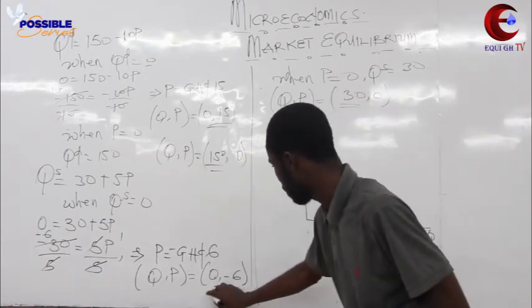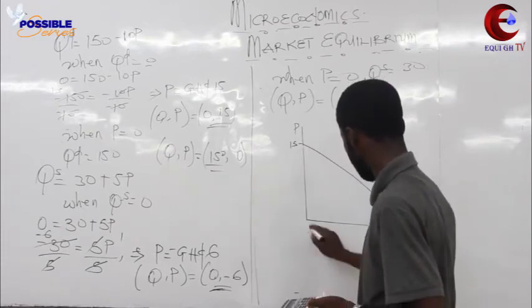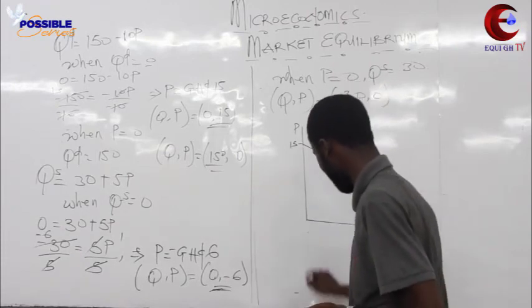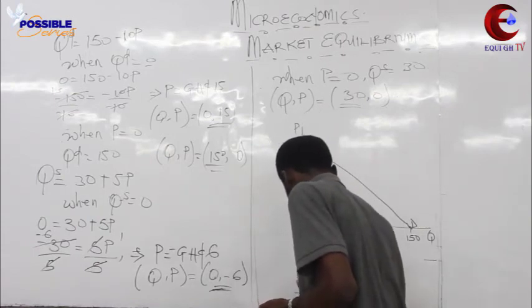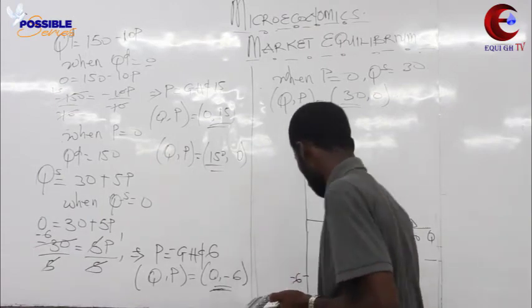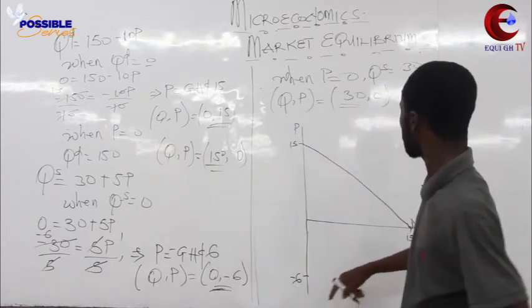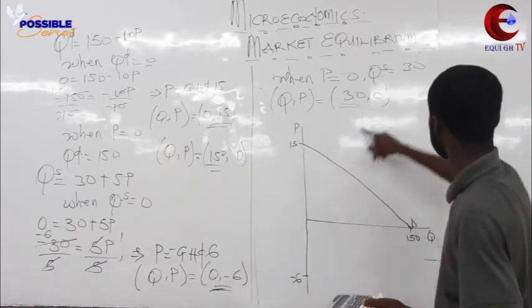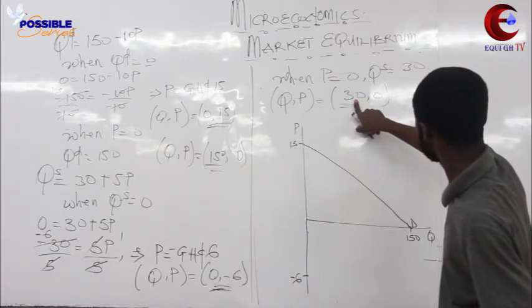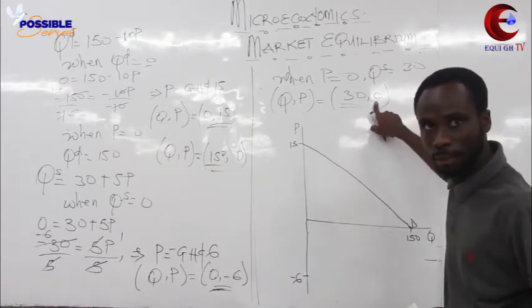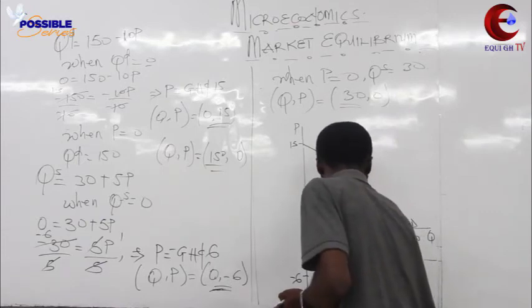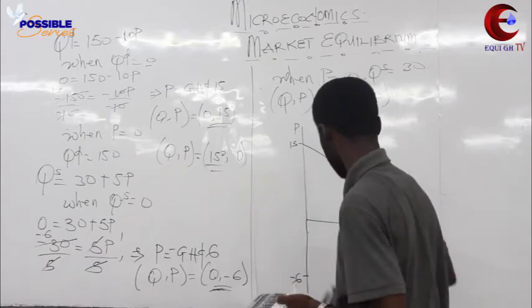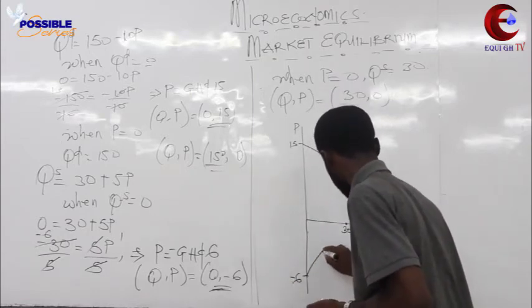I have 0 and price negative 6, so I'm coming down. And then 30 and 0. So quantity is 30, it will be somewhere here, and then price is 0. So the supply function here also will be like this.